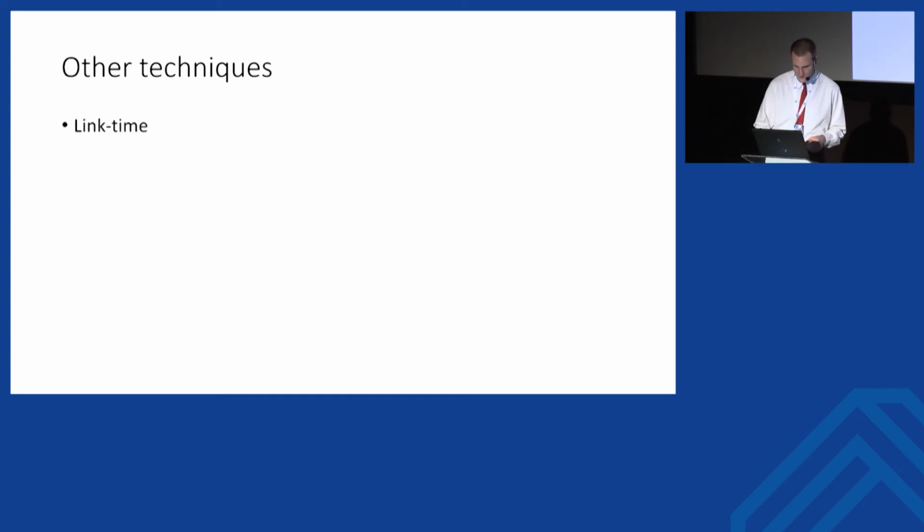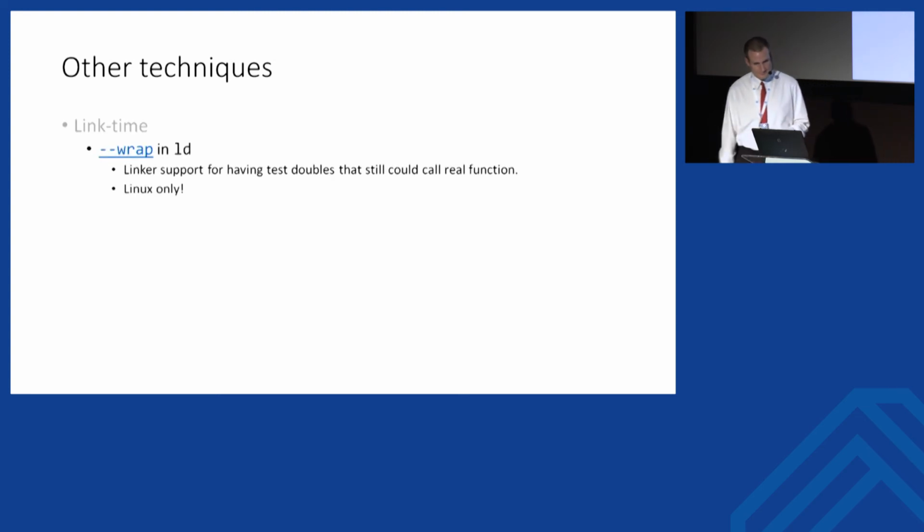So at link time, there is such an option, wrap in LD, but it's for Linux only. If you provide a function name, for C++ it has to be the mangled name, which is an additional disadvantage.